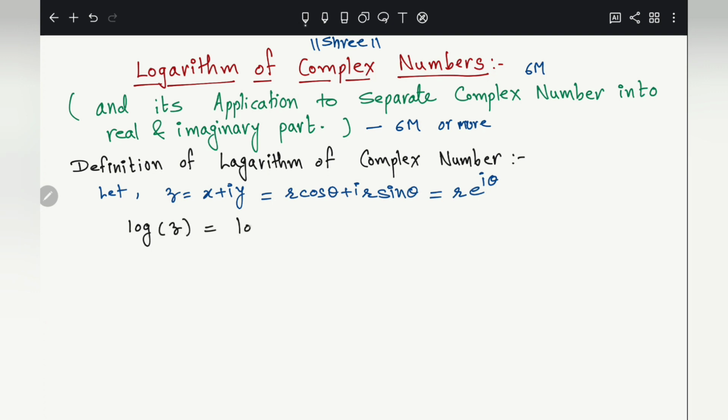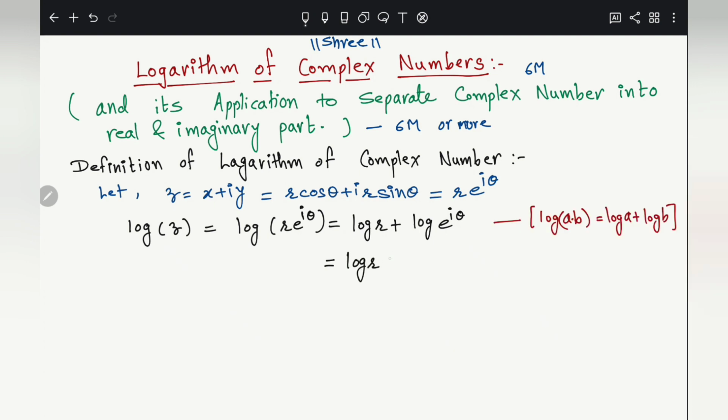I will take it with the r e raised to i theta exponential definition, because all of us know this very well, that log of a into b is log a plus log b, right? This all of us know, and hence we can also write it like this.